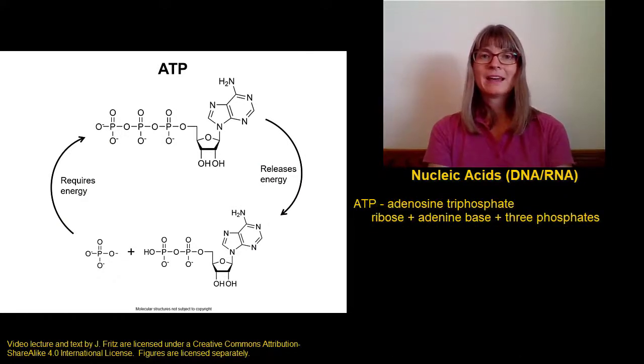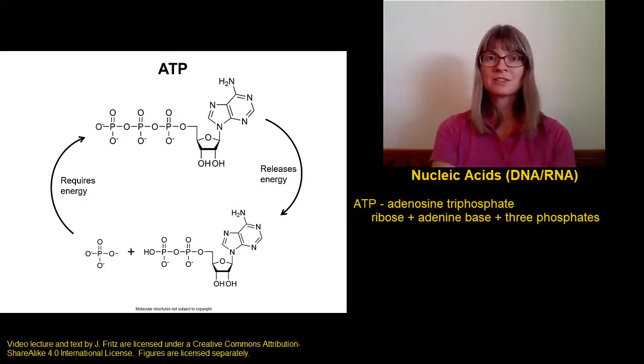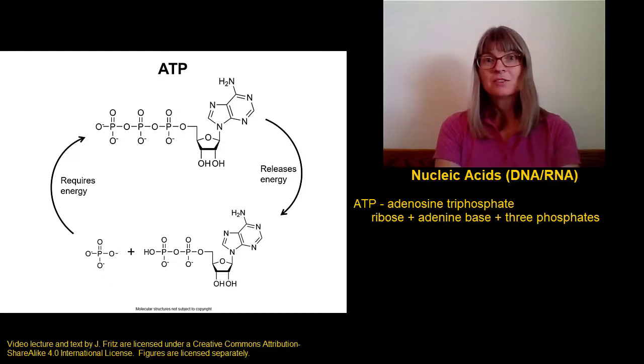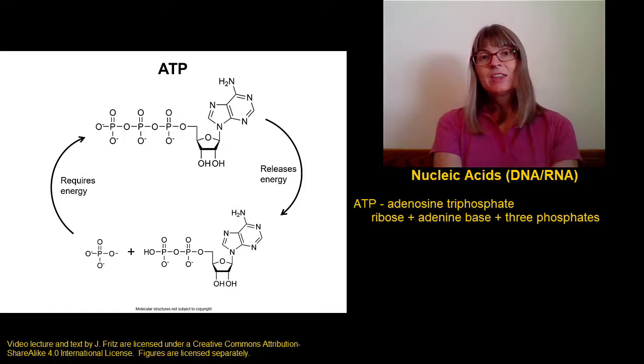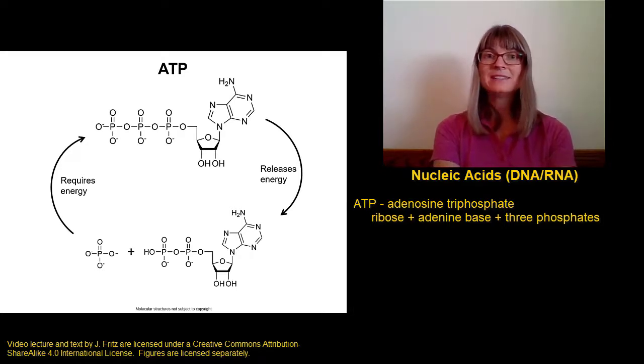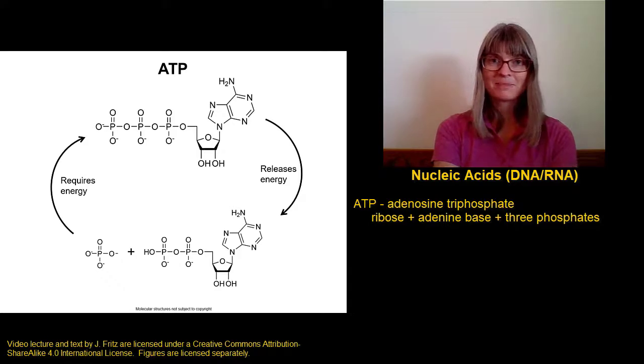Before we leave nucleic acids, there's one last molecule I want to talk about. And it's not actually a nucleic acid, it's actually a single nucleotide. But since we've talked about nucleotides in this section, I like to put it in here. The single molecule I want to talk about is called ATP, or adenosine triphosphate.